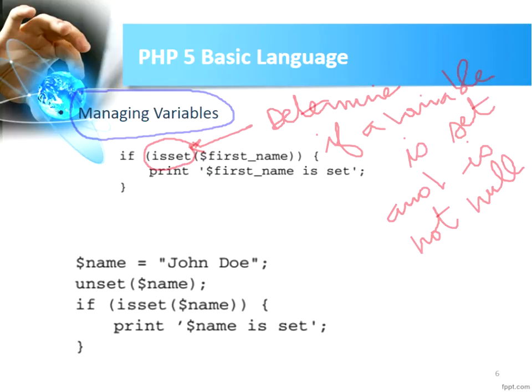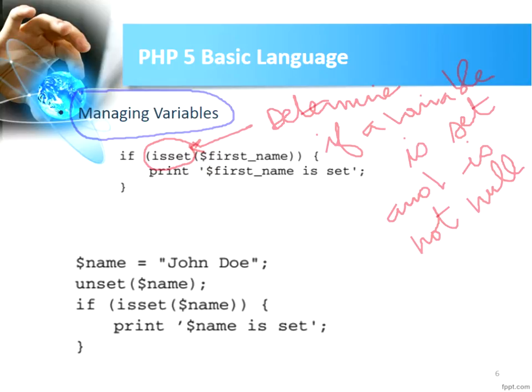So if I write if isset first name, so if the first name is created and the value of the variable first name is not null, in this case isset returns true. But if first name is not created, or the value of first name equals null, in this case isset returns false. Is it clear?